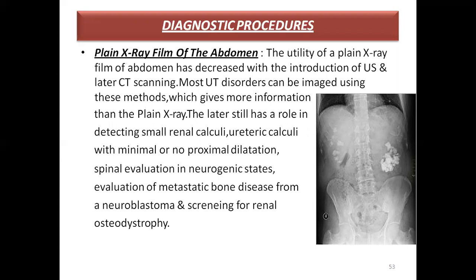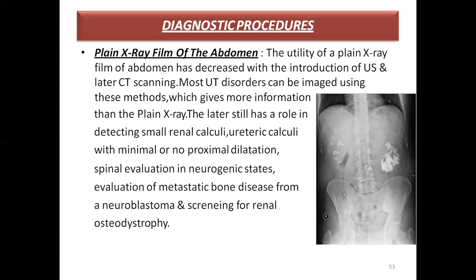Although the utility of X-ray has been reduced by the introduction of ultrasonography and CT scanning, this technique is many times used for detection of renal calculi, ureter calculi with minimal or no proximal dilatation, and also in spinal evaluation in neurogenic states, since the kidneys are placed near the vertebral column.